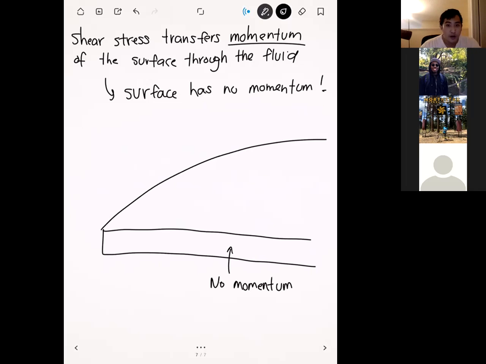And so outside the boundary layer, the fluid has a lot of momentum. And so what the shear stress is basically doing is saying that, since the surface here has no momentum, it's propagating that through the fluid. And then the net result is that smooth velocity distribution that we showed before.